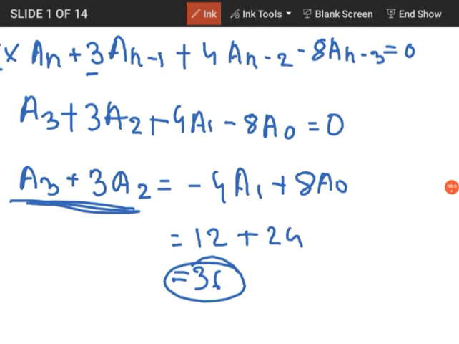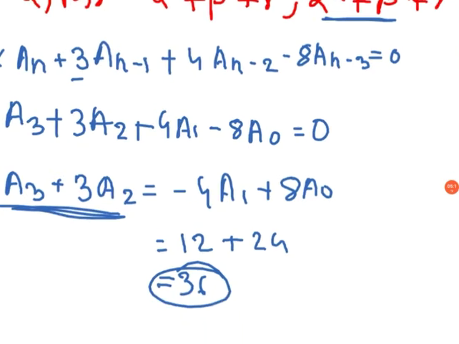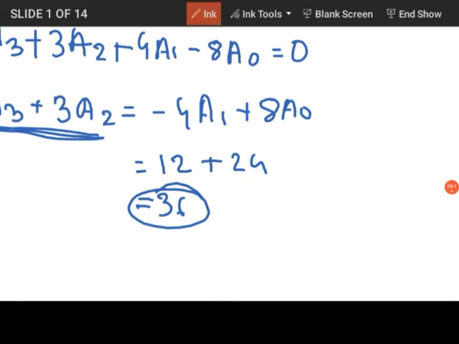Now we were asked to find a2 and a4. Now a2 you can easily find out using Vieta's relation, and if you do so, you will get a2 as 1, right? Yes, a2 will be 1. How did I find this? a2 is alpha square plus beta square plus gamma square.